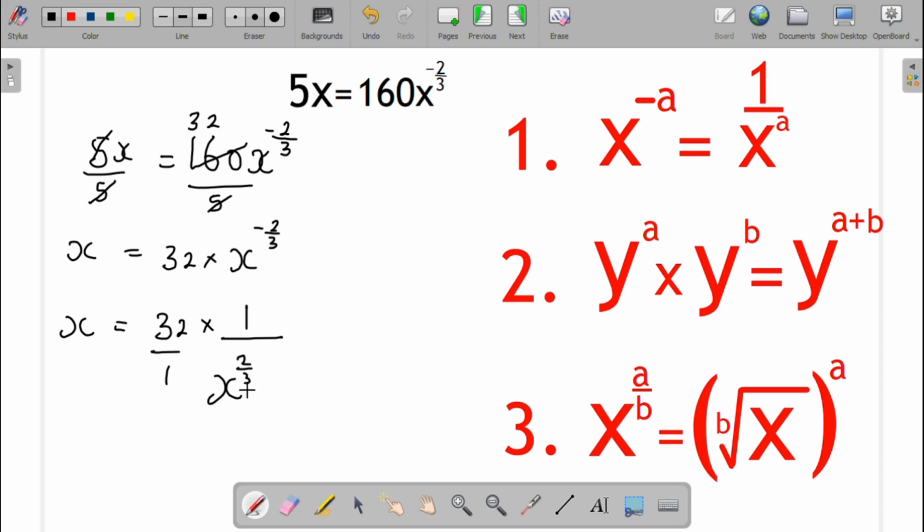Now, at this junction, you have x is equal to 32 times 1 is 32, over 1 times x raised to power 2 over 3, which is x raised to power 2 over 3. Now, we are going to cross multiply. x over 1, we are going to cross multiply.